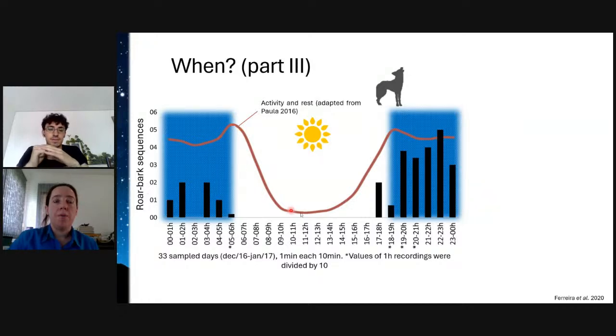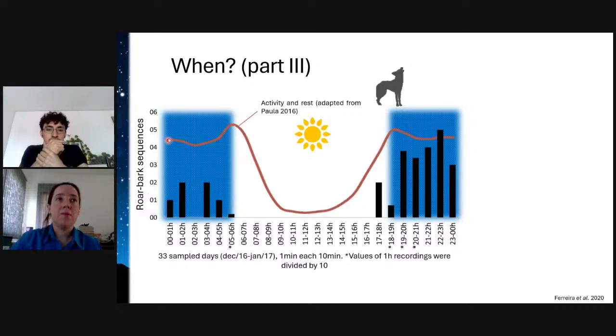This brown line represents the activity pattern that was measured through radio collars with telemetry. So it's a pattern of activity and rest, the real pattern of activity and rest.